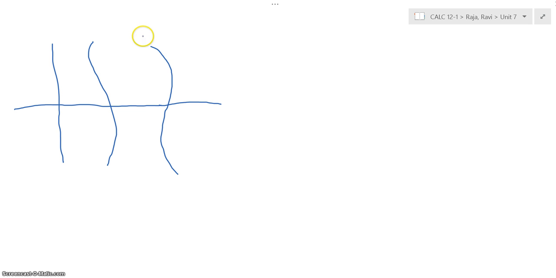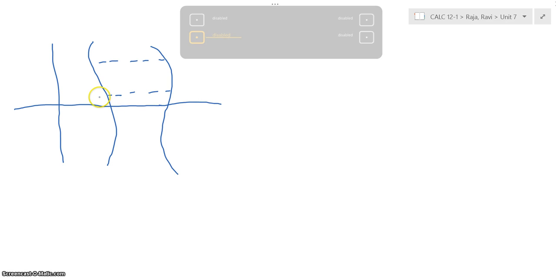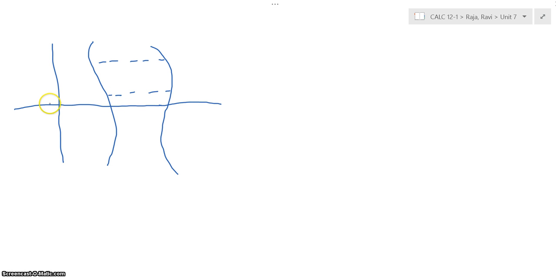We're trying to find the area, but instead it's going horizontally, from this point to here. We'll make A here, and B above. So we're trying to find all this area.